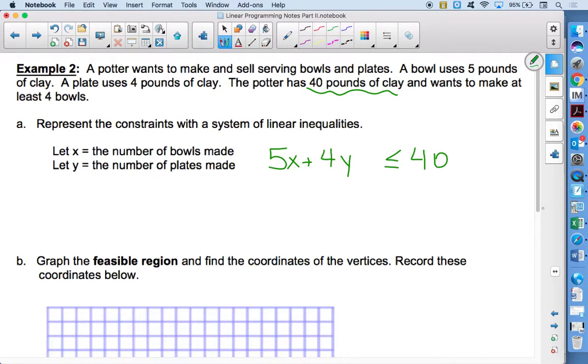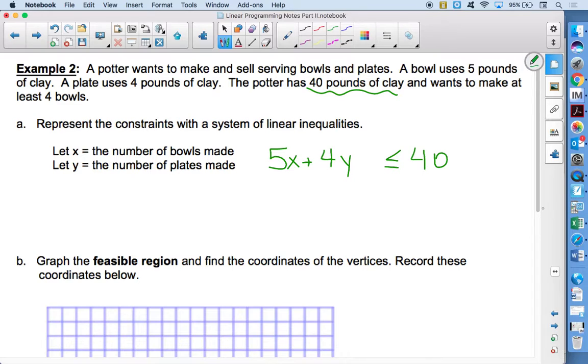So both pieces of information need to be used in that inequality to show I'm using 5 pounds for every bowl and 4 pounds for every plate. I can't exceed the 40 pounds of clay that I have. Once we use it all, we can't make anything else. The second one, the potter wants to make at least 4 bowls.